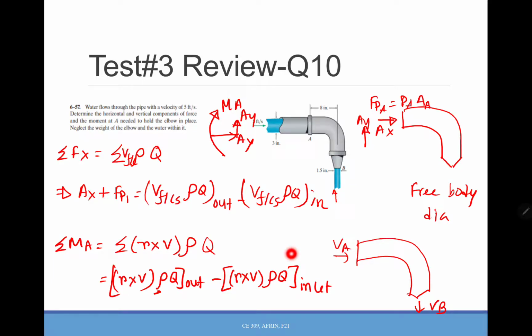The inlet is actually A here, and B is the outlet. Since you're taking the moment around A, the inlet will be 0. The only thing you will have is the outlet term, and that's how you can calculate the MA.